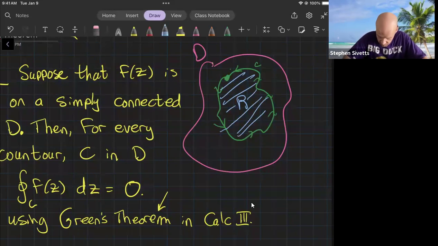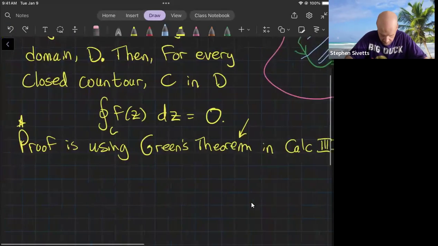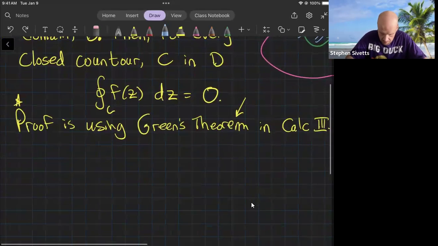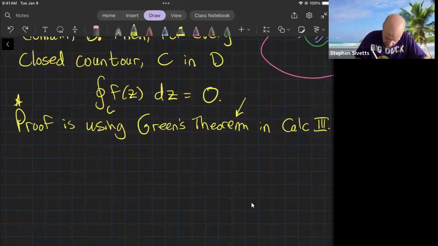R is what's called the region encapsulated by C.